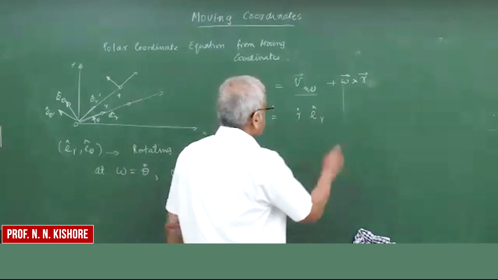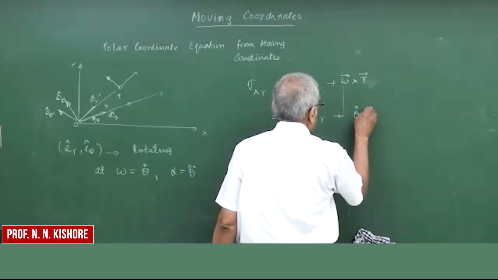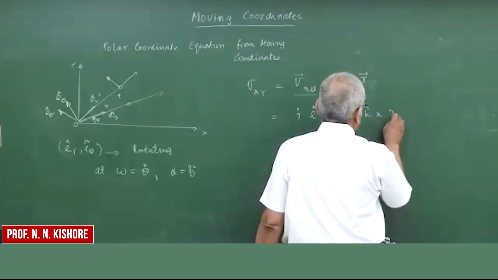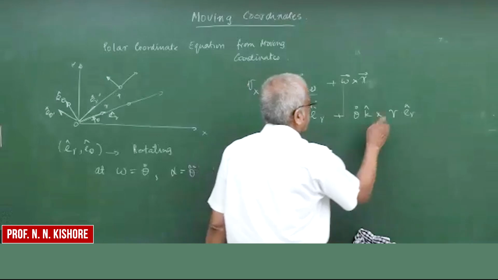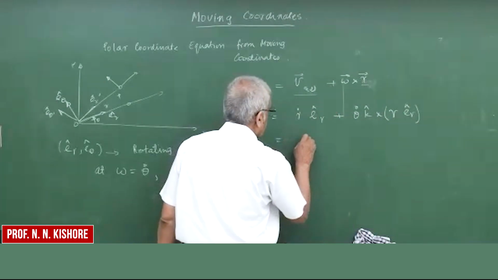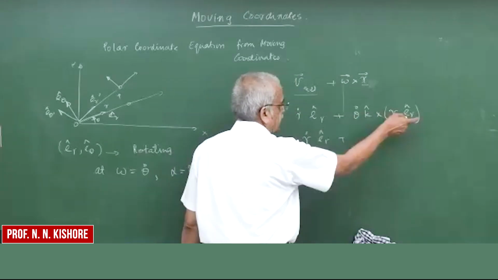So what about this one here? Omega is theta dot k, and the position vector is R ER. So this is r dot ER plus theta dot k cross r ER.